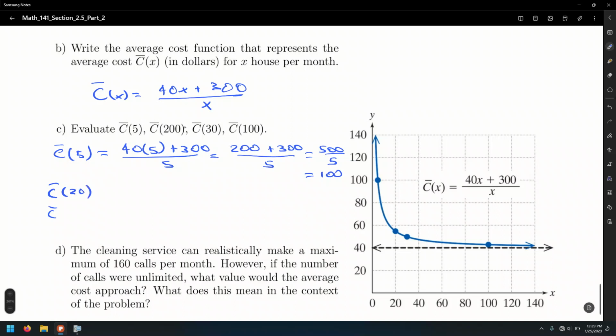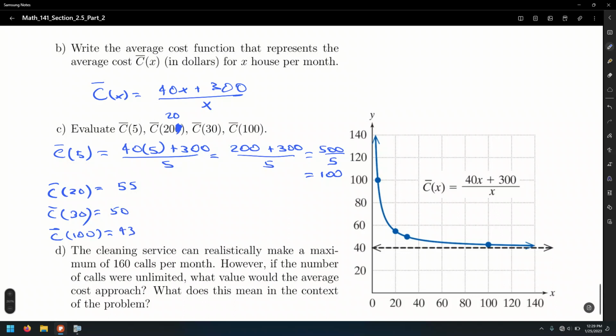There's a little typo. Just 20. And C of 30, and C of 100. Without doing all these calculations, which is just plug and chug in this case, that's C of 20, that's 55, that's 50, and 43.